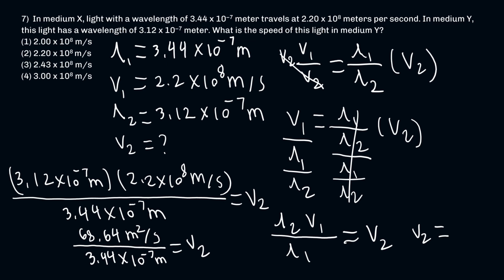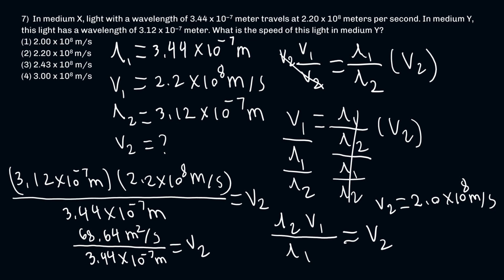Let me erase this so I have a little bit more room. So v2 is going to be equal to, rounded off, 2.0 times 10 to the 8th meters per second. So this should end up with 199,534,883.